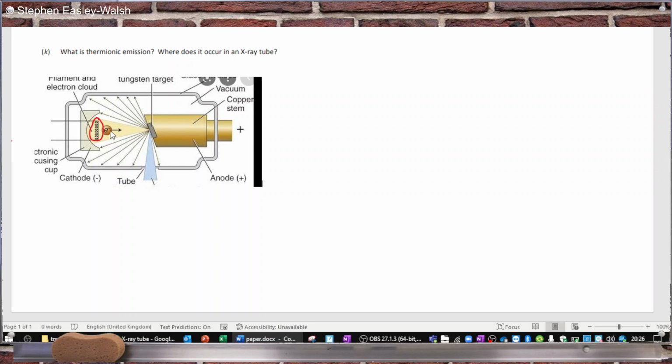It heats up and it releases electrons. So that's where it happens, on the filament. Thermionic emission is the release of electrons from a heated surface. I think it has to be metal, from a heated metal surface.